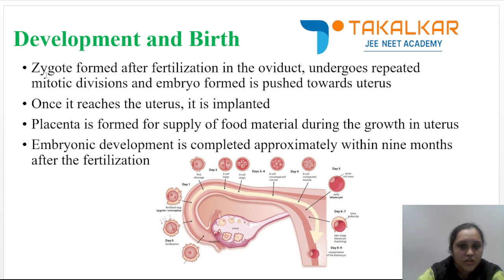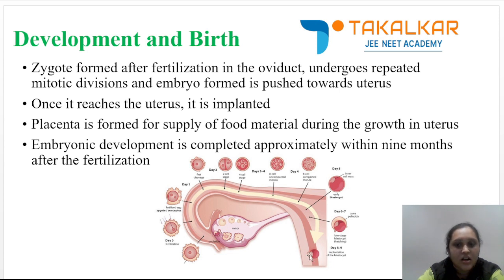So once the zygote is formed, this zygote will divide rapidly. The process is called cleavage. So this cleavage will form numerous cells, and once numerous cells are formed, the process of implantation will take place. So what is implantation? The cells formed by the zygote get placed into the endometrium of the uterus, and the placenta is formed.